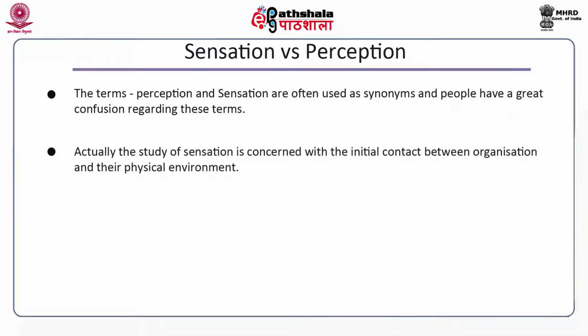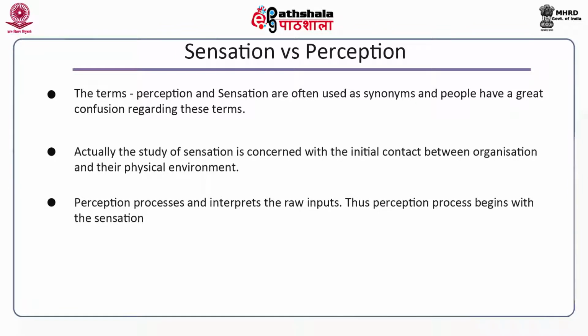There exist various forms of sensory stimulation, and sensation describes the relationship between these various forms. It also explains how our sensory organs respond to these inputs, and then comes the turn of perception. Perception processes and interprets these raw inputs. Thus, the perception process begins with sensation.